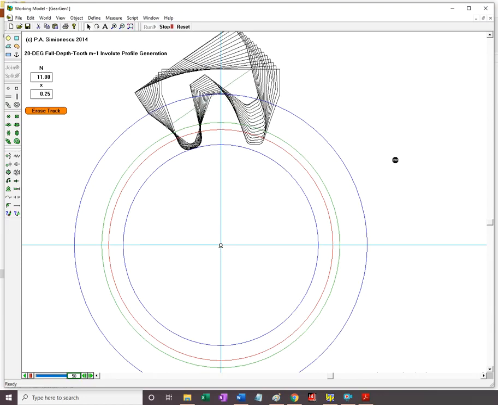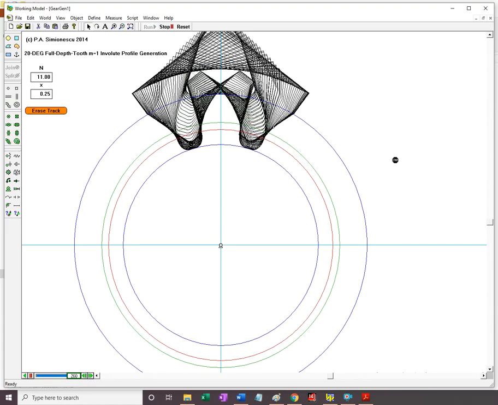So I hit run, and what is the effect? I alleviated the undercut. The tooth became pointed, but it's thicker at the root and stronger, and I was able to get it for 11 teeth.